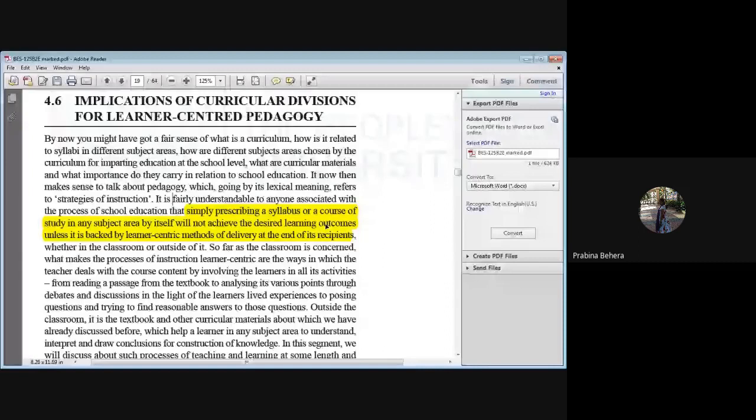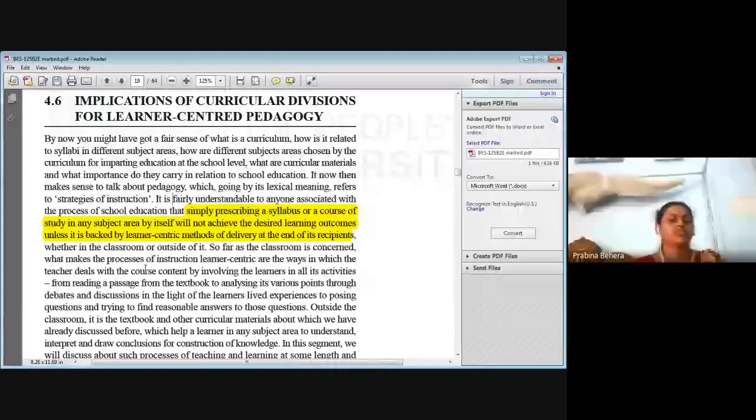Classroom should be interactive. Learning is very much important. So we should design the learning assignment inside the classroom and outside the classroom also.